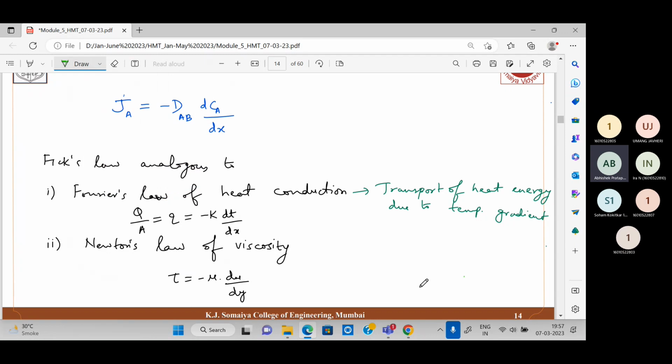This represents transport of momentum due to velocity gradient.